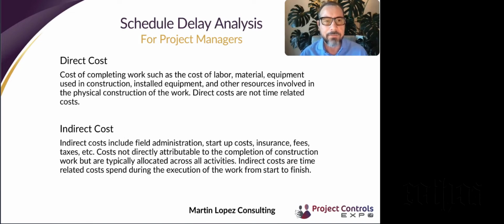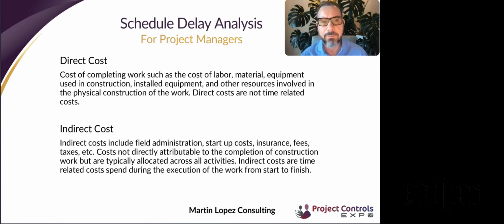Then we also have direct cost and indirect cost. This is important because in delay claims, when a delay is compensated, you compensate indirect cost, while direct cost you typically compensate through a variation order or a change order.